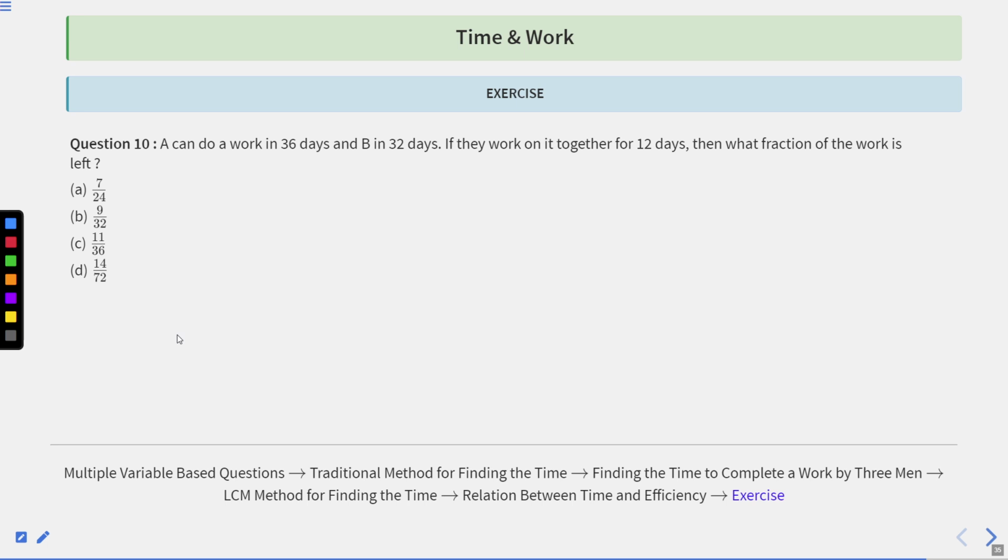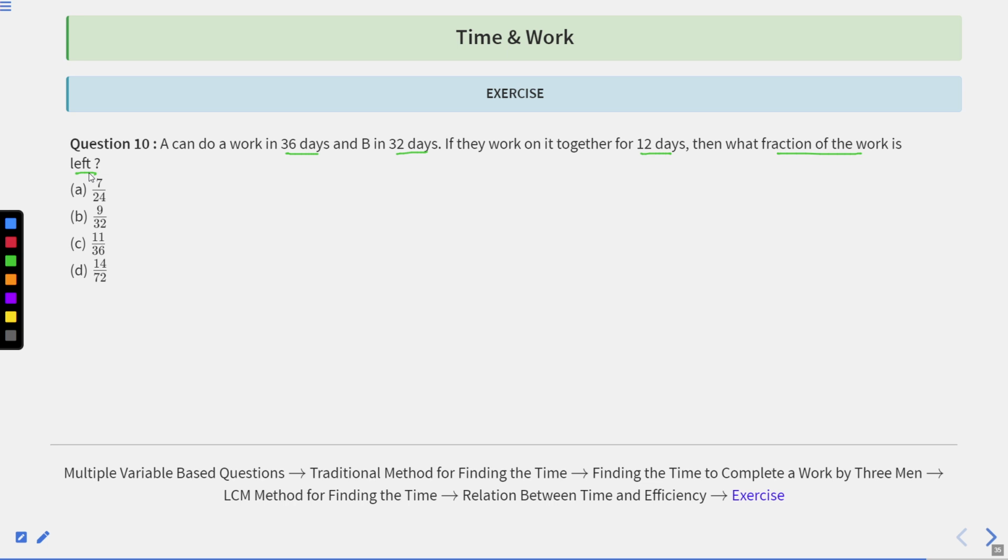Now the last question of this lecture. A can do a work in 36 days and B can do it in 32 days. If they work on it together for 12 days, then what fraction of the work is left? So this is a very interesting question. In this question, they are not asking how much time will be required to complete the work when they do it together.